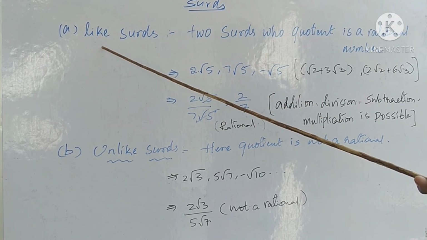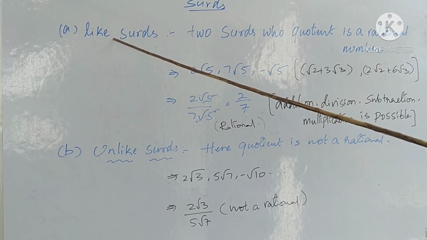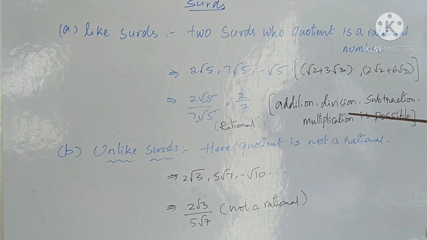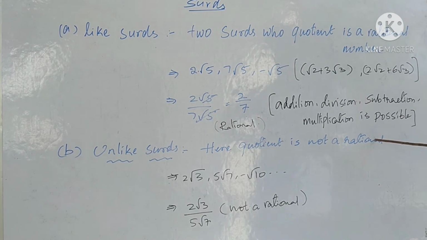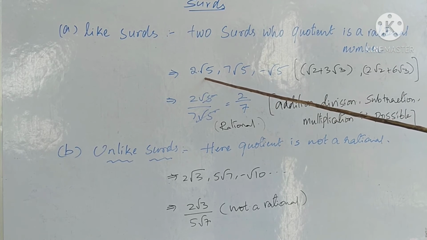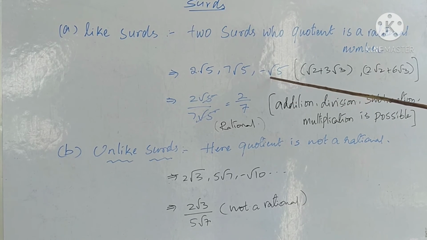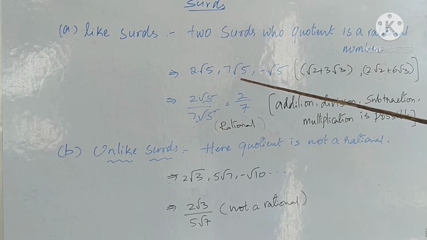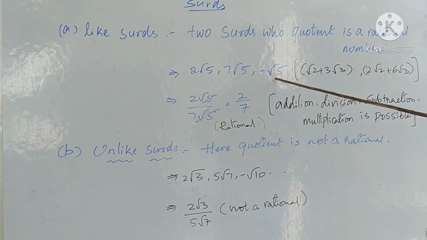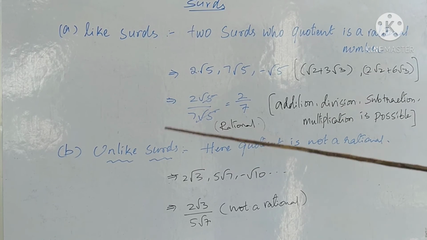Next one, like surds and unlike surds. In like surds, addition, subtraction, multiplication and division are possible. Why? Because here 2 into root 5, 7 into root 5, minus 1 into root 5: in all terms root 5 is common. So addition, subtraction, multiplication and division are possible.